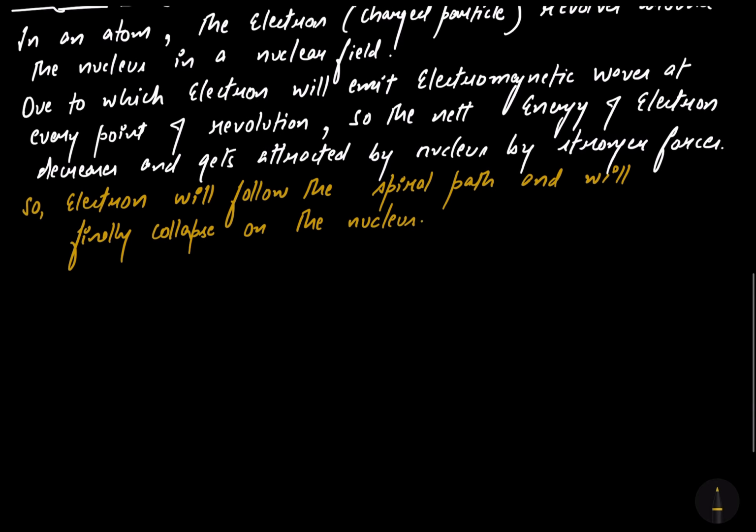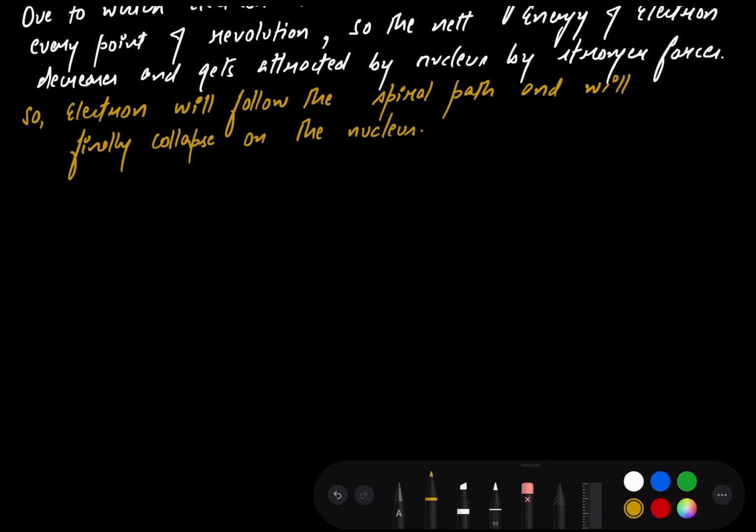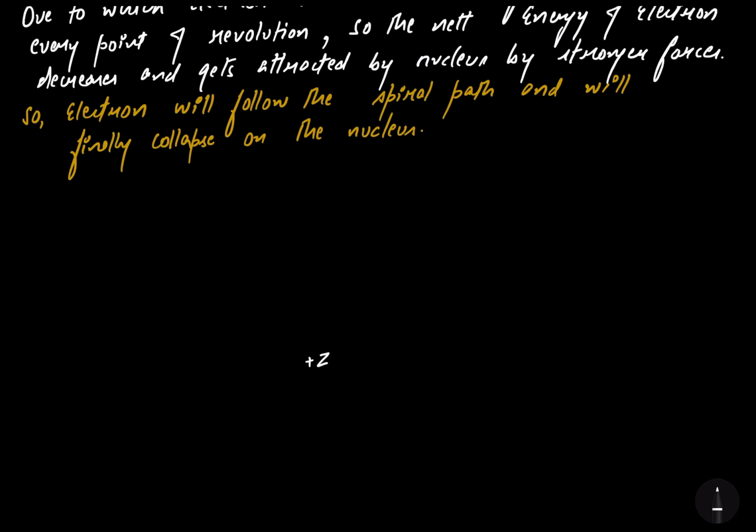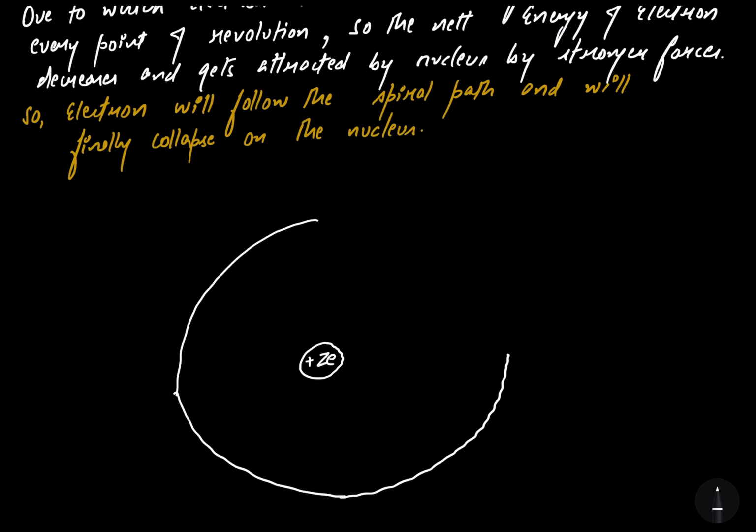Let me make a diagram for you for this thing. My dear students, that is my nucleus. This is my orbit. The electron is present over here.